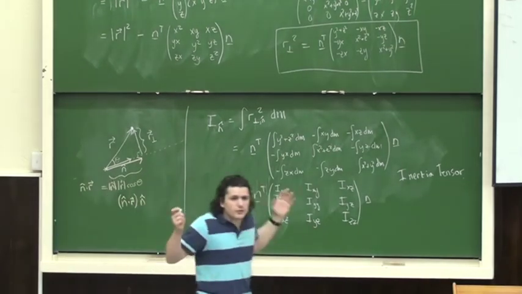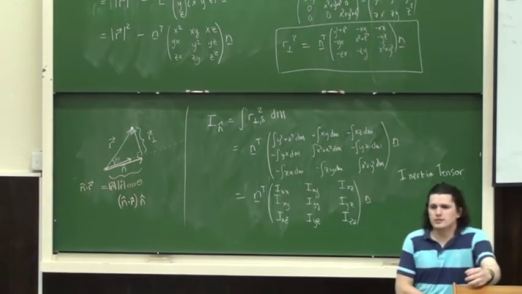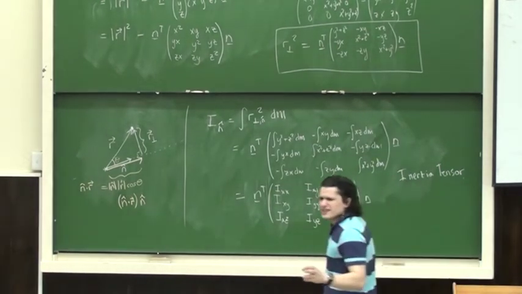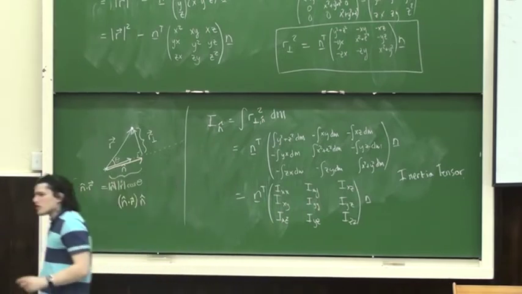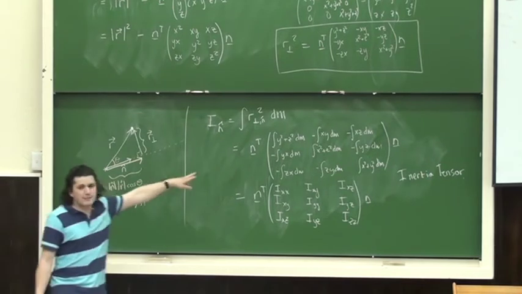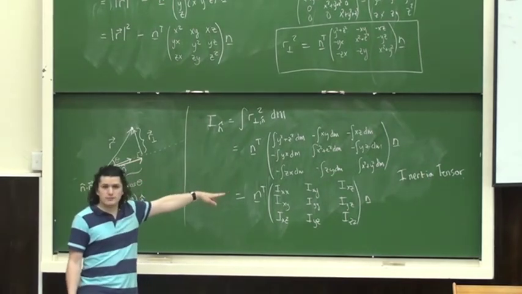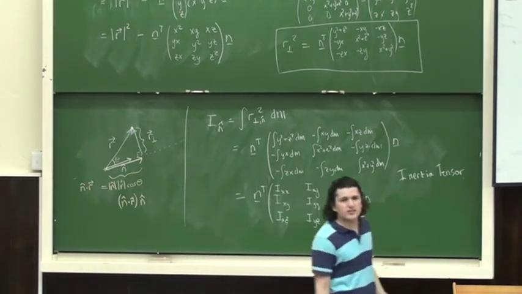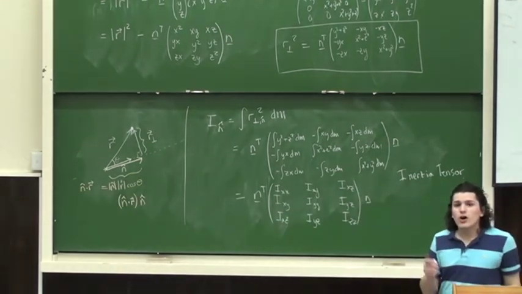I'm not going to prove this, and I may ask you to show in an oral test, not in a test, that the eigenvalues of this matrix are real, and that the eigenvectors associated with different eigenvalues are orthogonal.